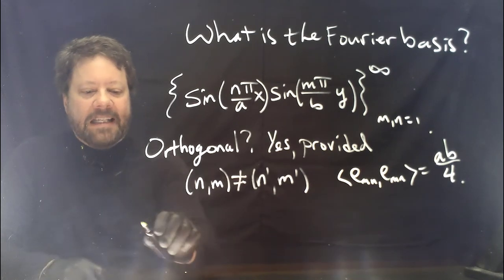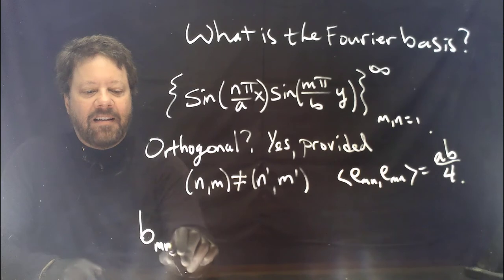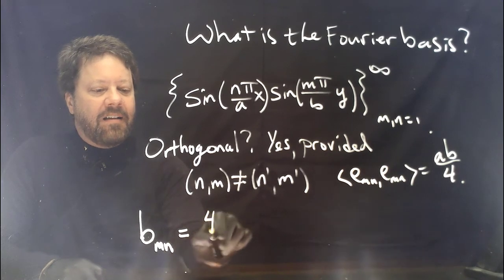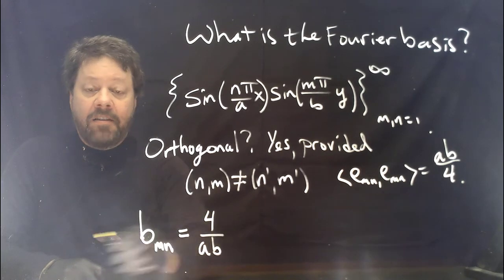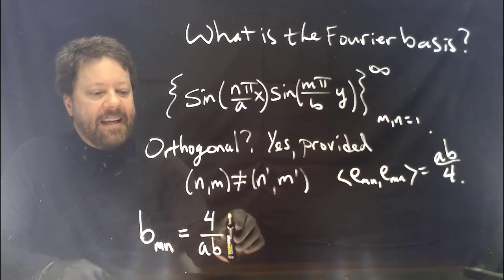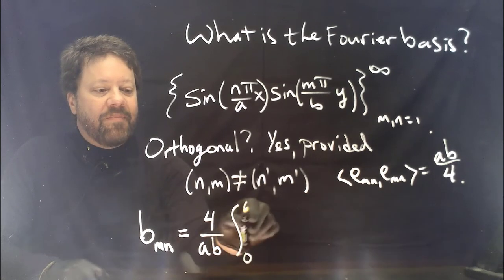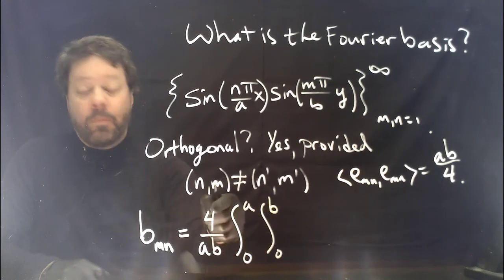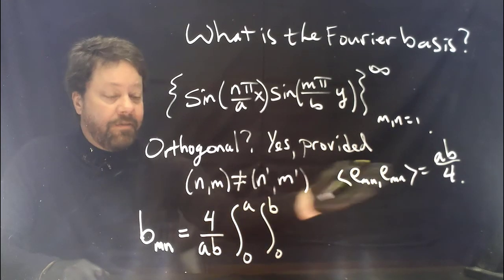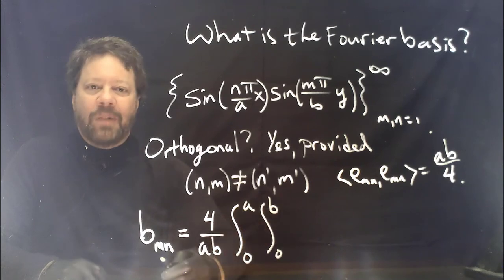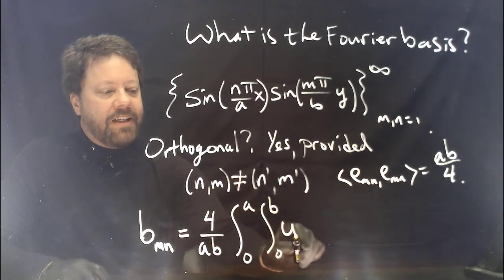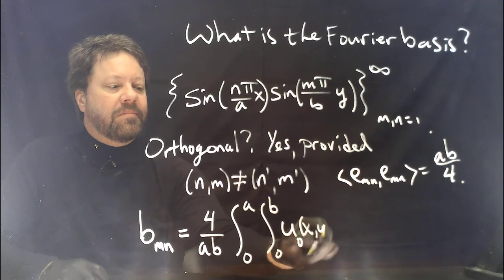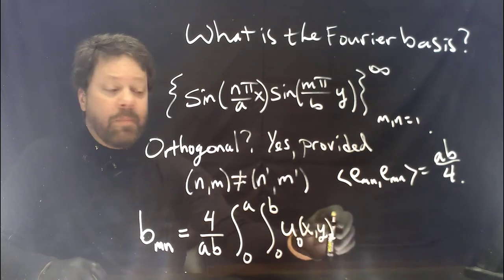It follows immediately, then, that the coefficients b mn are going to be given by the following. We'll normalize by multiplying by 4 over AB. We'll integrate over the entire rectangle the initial data times our Fourier basis elements.